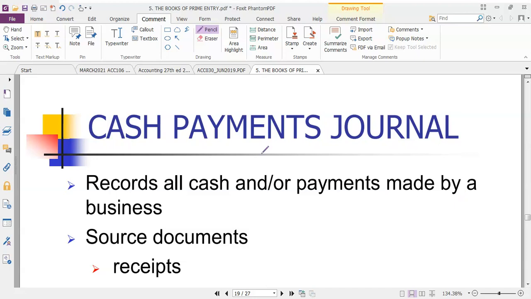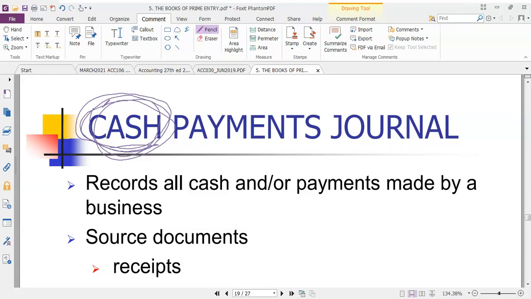Sekarang kita pergi pula kepada journal yang berkaitan dengan cash. Cash maknanya apa? Kita tak berhutang lah. Okay, secara tunai. Means that kita terus bayar. Okay, bila kita beli sesuatu ataupun customer beli kepada kita secara cash, tak berhutang.